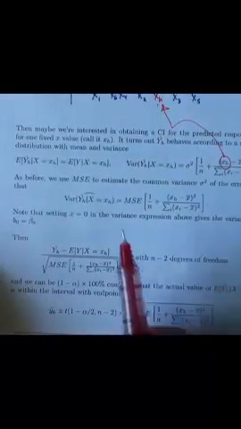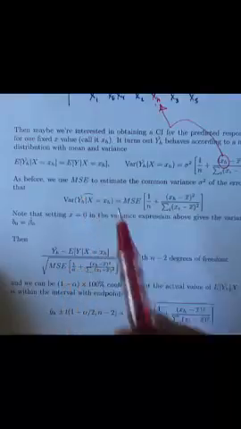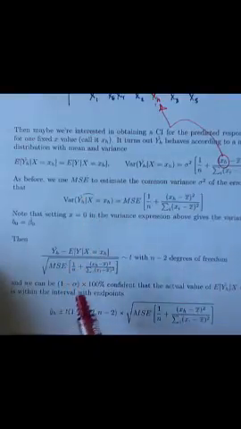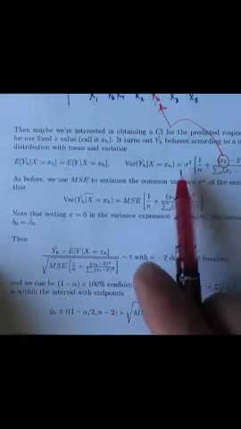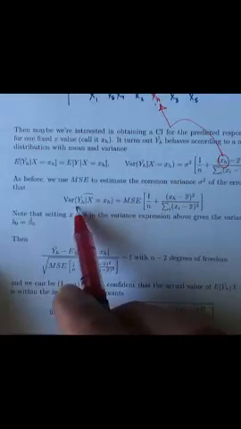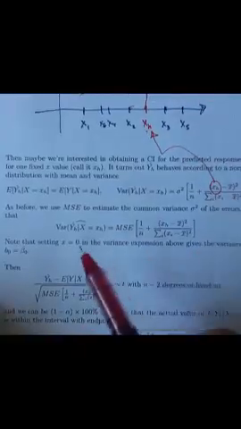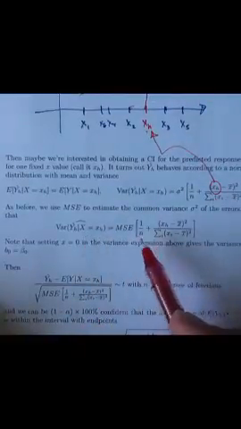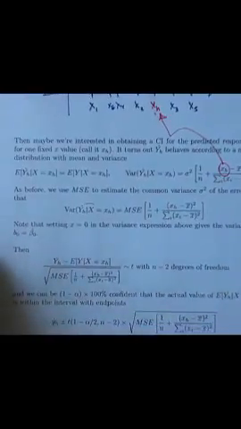As before, we use MSE to estimate the common error variance, and so that's what we'll do again here. So our estimate for the conditional variance for the mean response at that point will be MSE times all of this stuff.